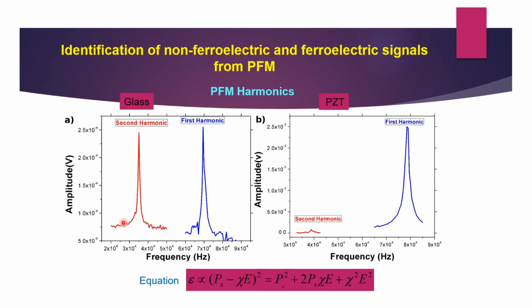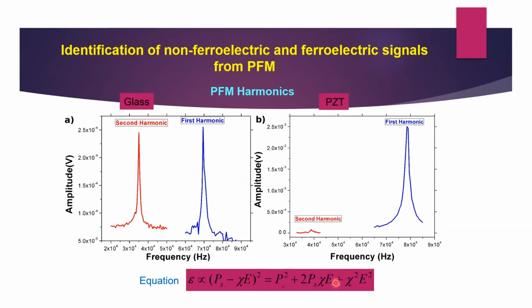For the identification of these non-ferroelectric and ferroelectric signals from PFM, there are criteria where you use the first and second harmonics. You see this equation, where this is the deformation by the application of the electric field.